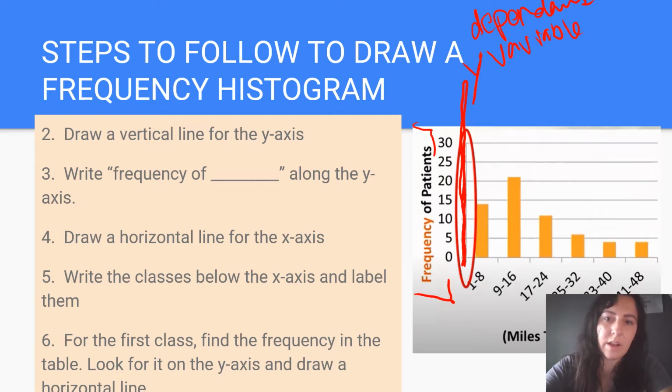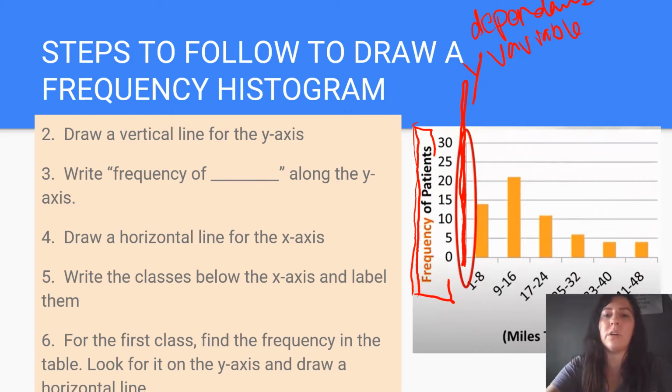You're going to label it with whatever frequency you're graphing or charting in your study. This is your frequency, that's where you put that. That's your dependent variable section. So step 3 would be to label that along your y-axis.